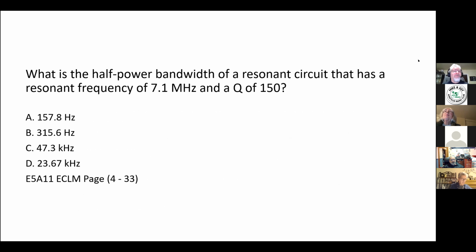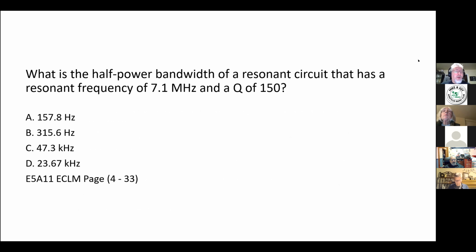Okay. What is the half power bandwidth of a resonant circuit that has a resonant frequency of 7.1 megahertz and a Q of 150?